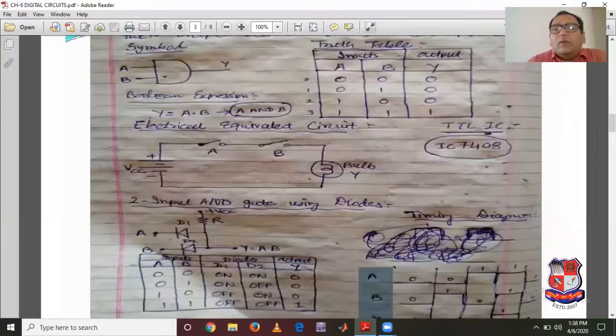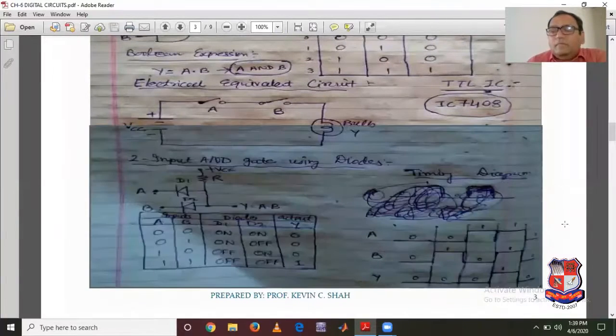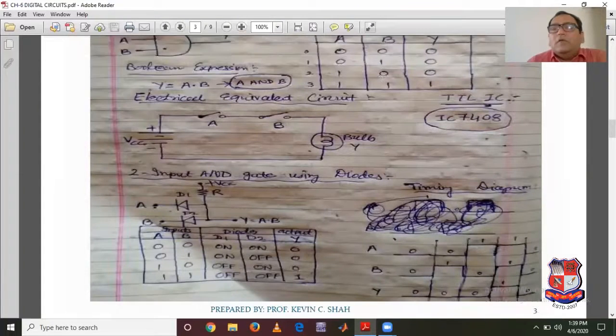First, in the truth table, input A is 0, B is 0, output is 0. Observe that this is A, so I can write the line 0 for A. In the same way B is 0, so I can draw this line 0. So what is the output? For 0 0 in the AND gate, we know the output is 0.